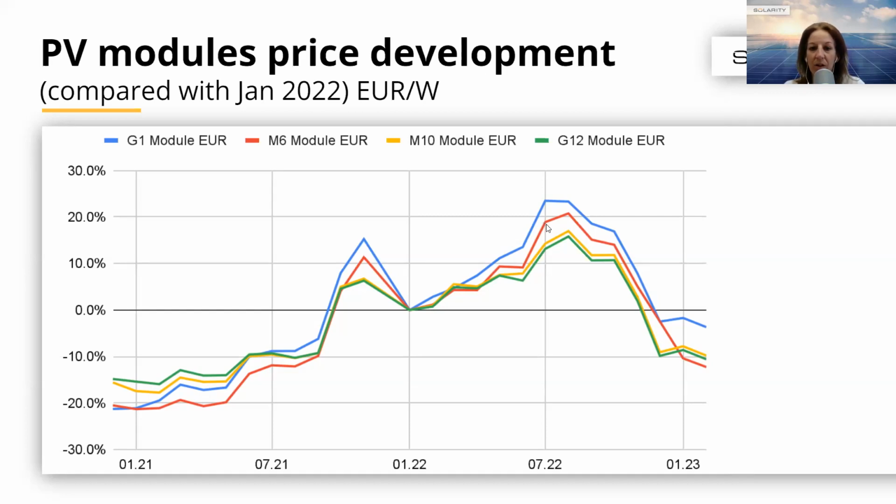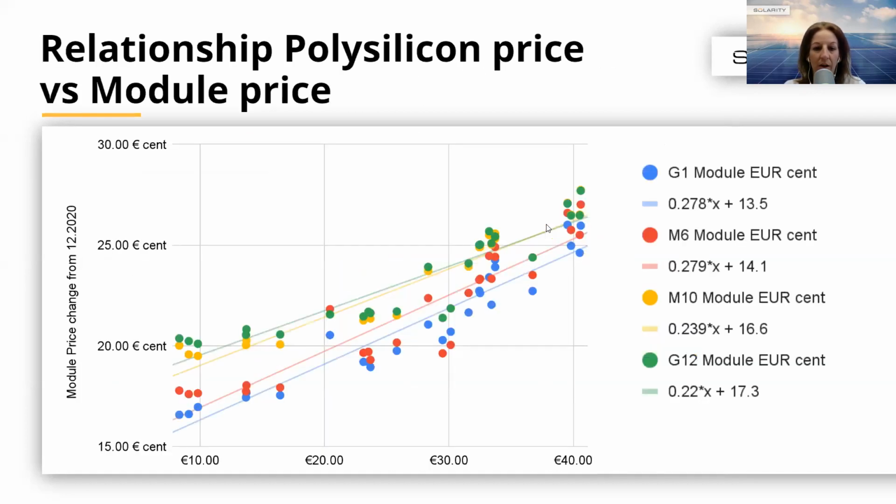From here we can go to another slide where you can see the comparison of the price of polysilicon and the modules. You could see how the sizes slowly change. And right now, on the top, because the most important for us are the yellow and the green color, they are on the same level.